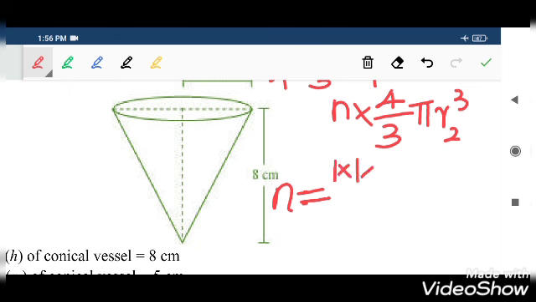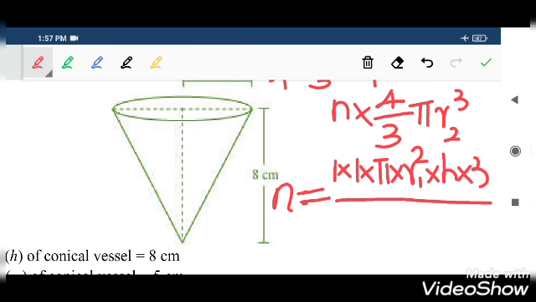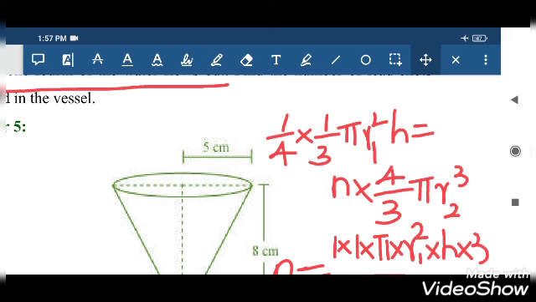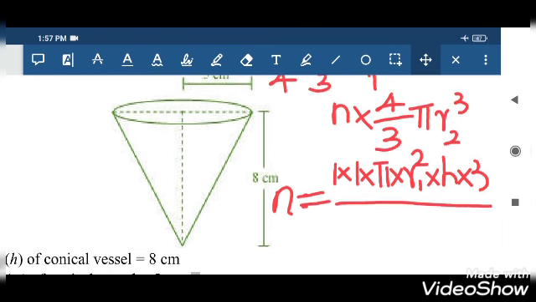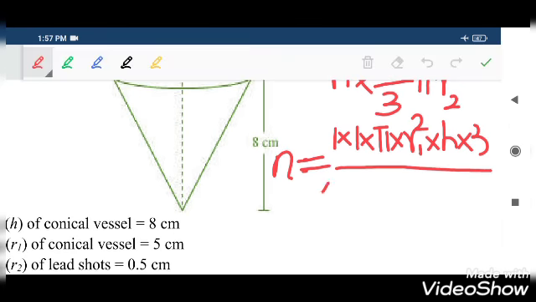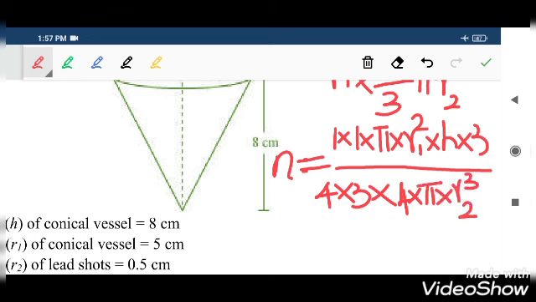In this, the denominator 3 is also multiplied with the numerator, and the whole is divided by what is already present in the denominator, 4 into 3, 4 into 3 into 4 into pi into r2 cube. So now what are the things we need to delete? 3 will get cancelled, and then pi will get cancelled.